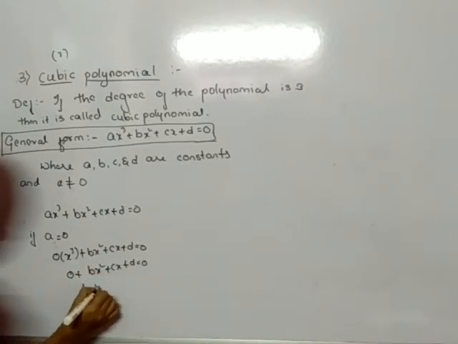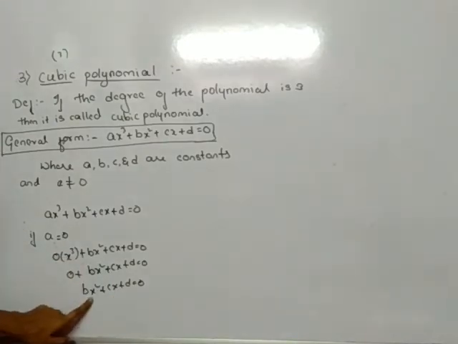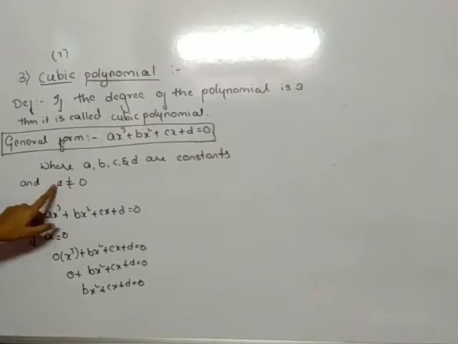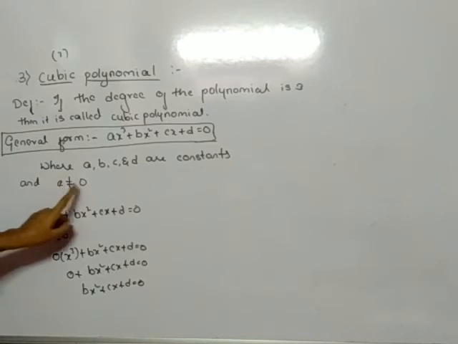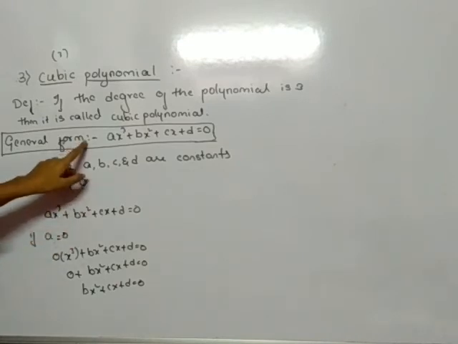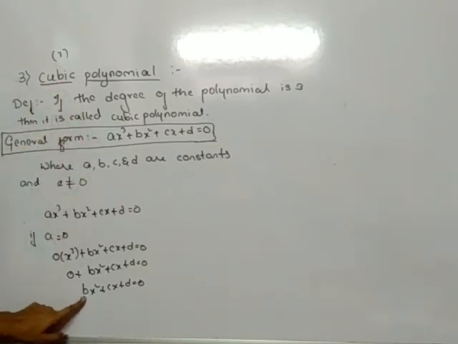Now you can observe the degree of the variable is 2. If the degree is 2, we are obtaining a quadratic equation, yes? So that is why a must not equal 0. If a is equal to 0 in a cubic polynomial, we obtain a quadratic polynomial. I think these three types of polynomials are clear to you all.